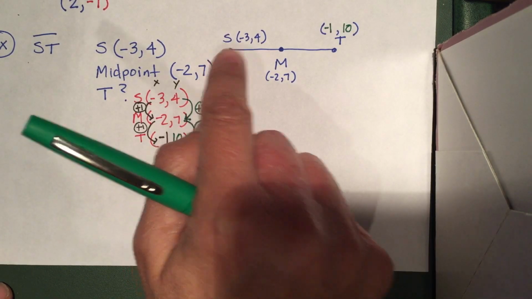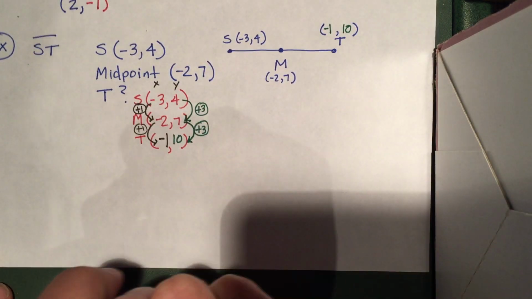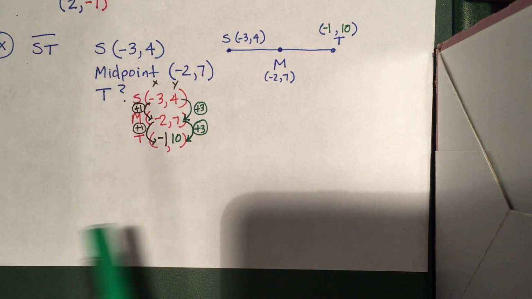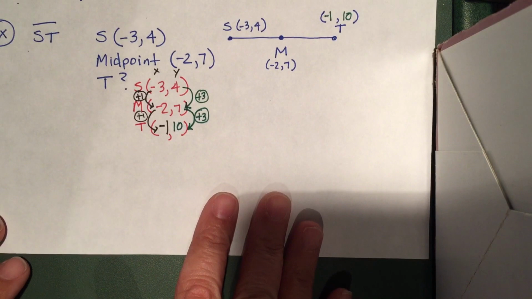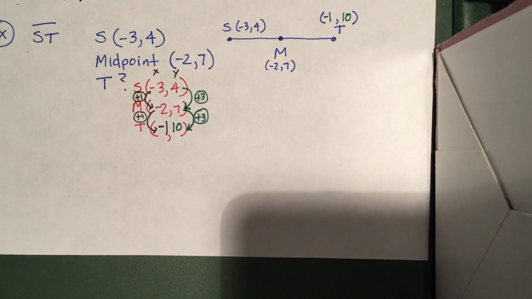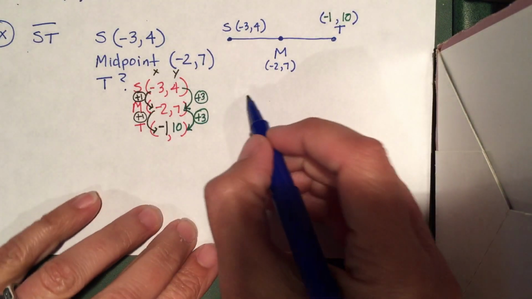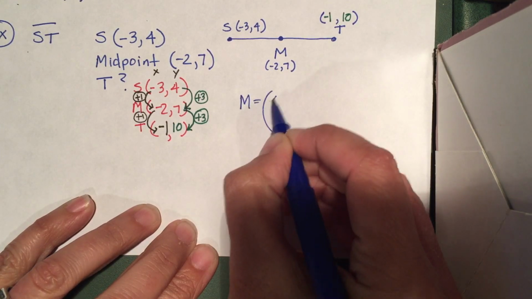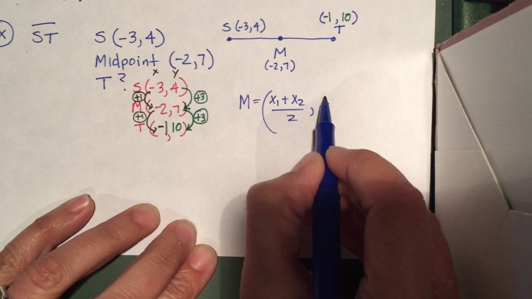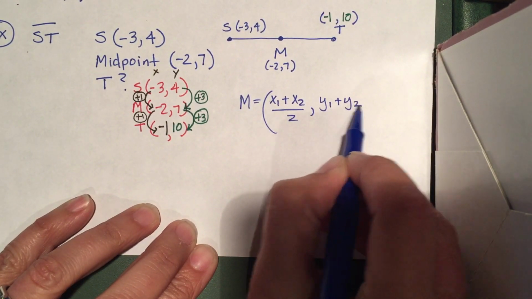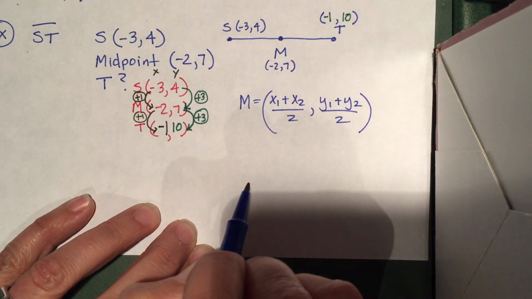So we've got SM and MT, M in the middle. Now for this one, let's use the midpoint formula. It's a little more complicated, but it helps you out when you have variables. So we know that our midpoint formula is x1 plus x2 divided by 2, and y1 plus y2 divided by 2.